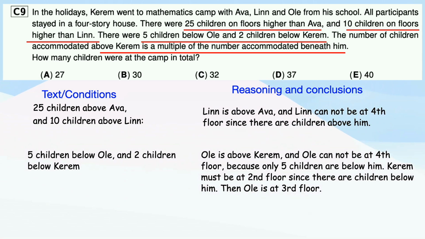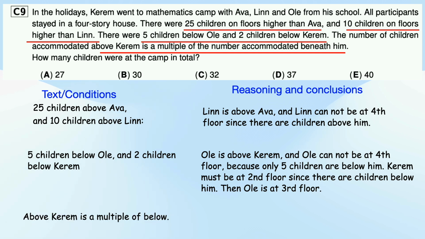So Ole cannot be on the 4th floor. So Kerem must be on the 2nd floor since there are also children below him. That means Ole, who is higher than Kerem, is on the 3rd floor, and Kerem is on the 2nd floor.